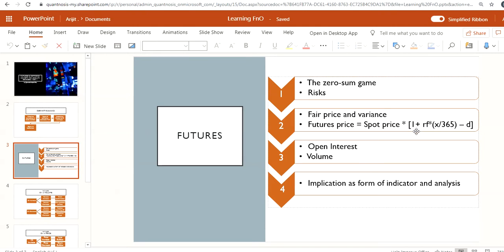So 1 plus risk-free interest into the number of days left for expiry divided by 365, minus the dividend yield. If you multiply this whole thing by the spot price, that will give you the fair price of the future.